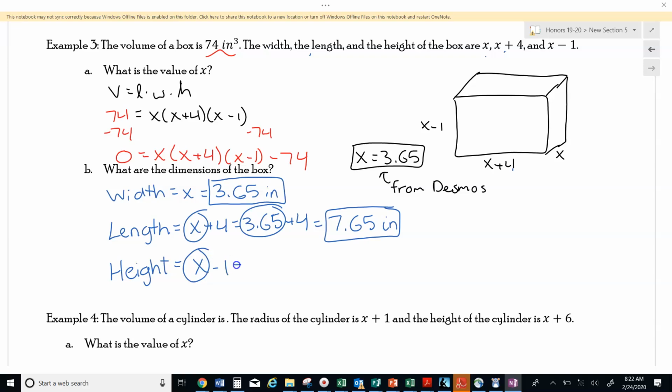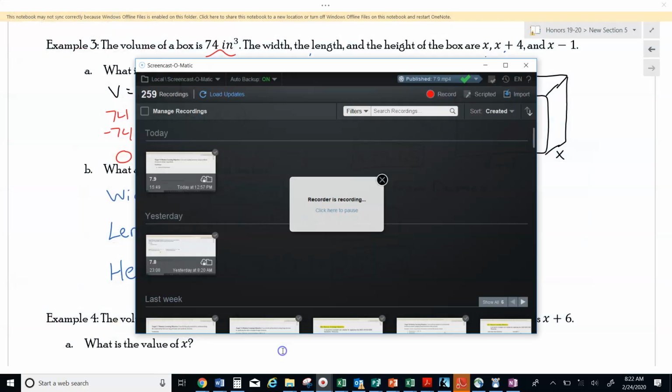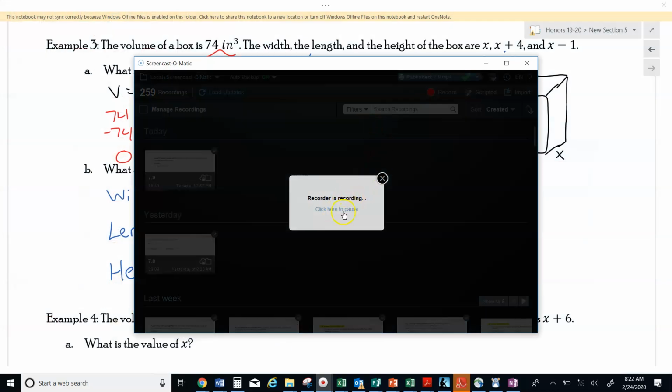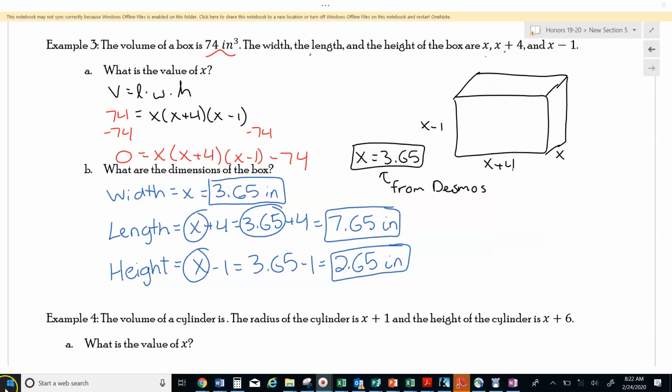I'm going to replace that x with 3.65 minus 1, which equals 2.65. Okay, and that is it.